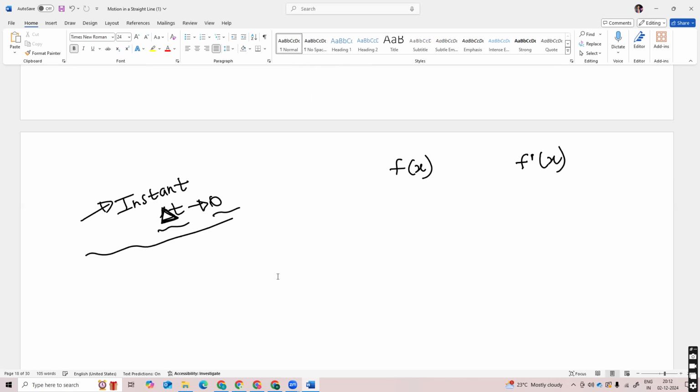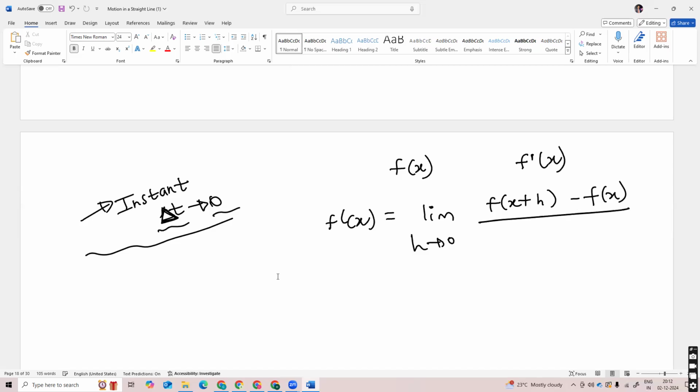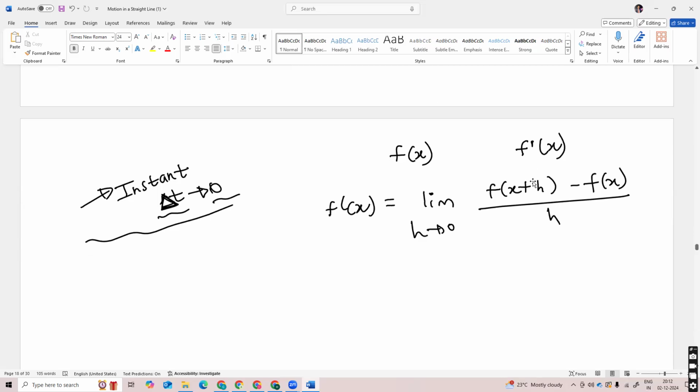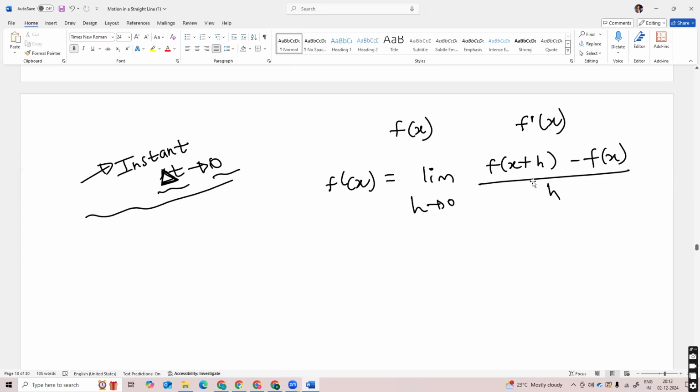The mathematical definition of derivative is f dash of x equals limit h tends to 0 of f of x plus h minus f of x divided by h. Now let's consider this in terms of distance, time, velocity, and acceleration.